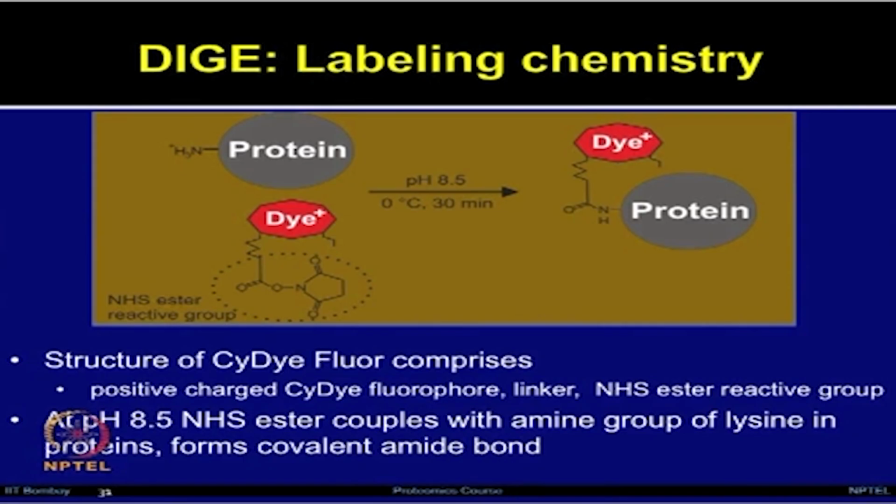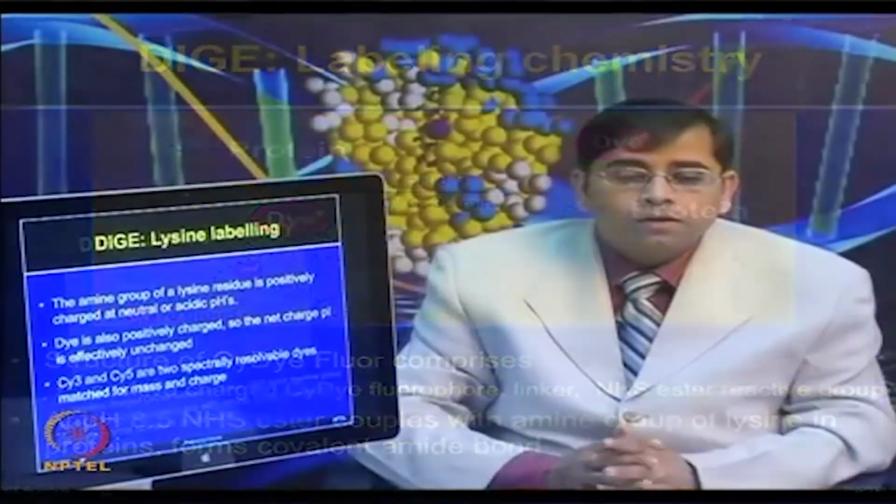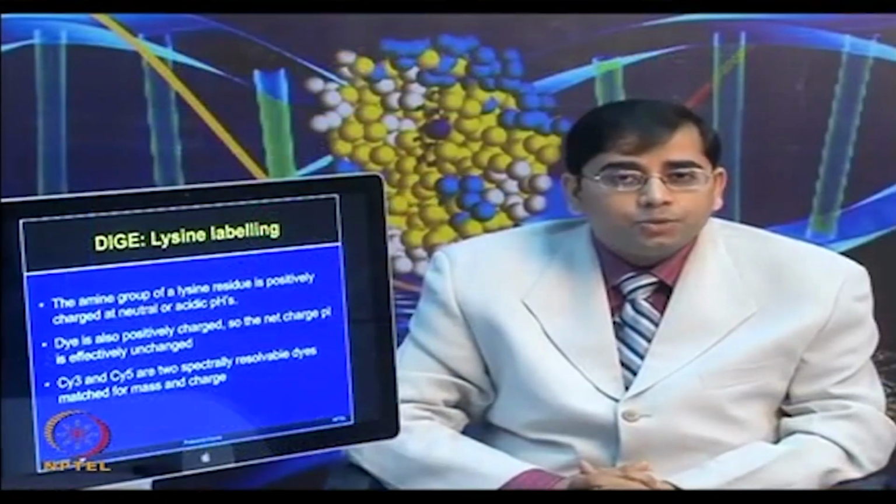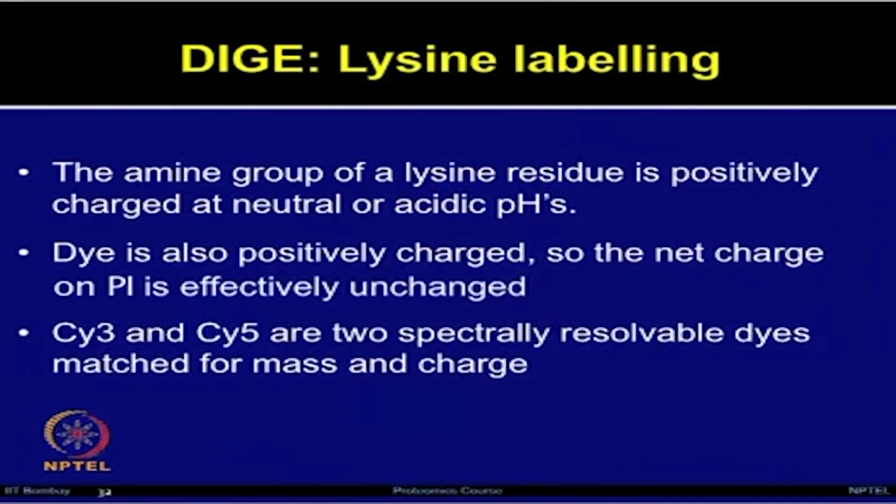At pH 8.5, the NHS ester couples with the amino group of lysine in the proteins and forms a covalent bond. The amino group of lysine residues is positively charged at neutral or acidic pH. The dye is also positively charged, so the net pI will be unchanged.